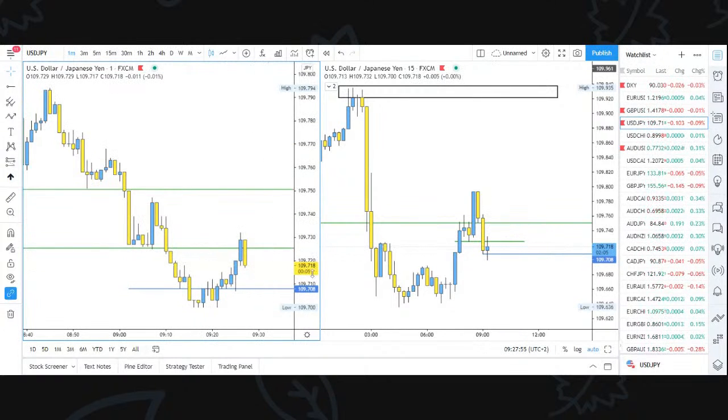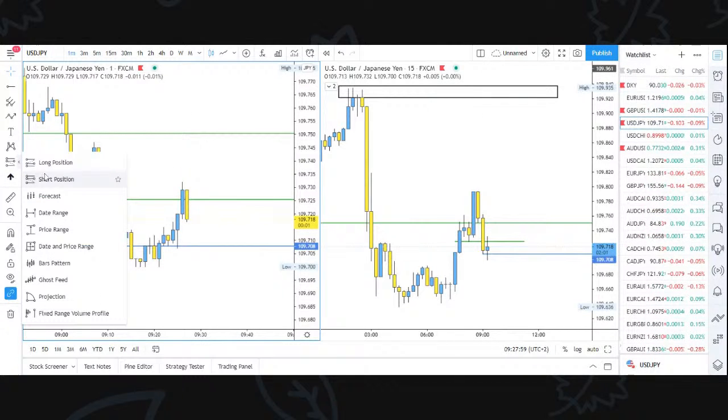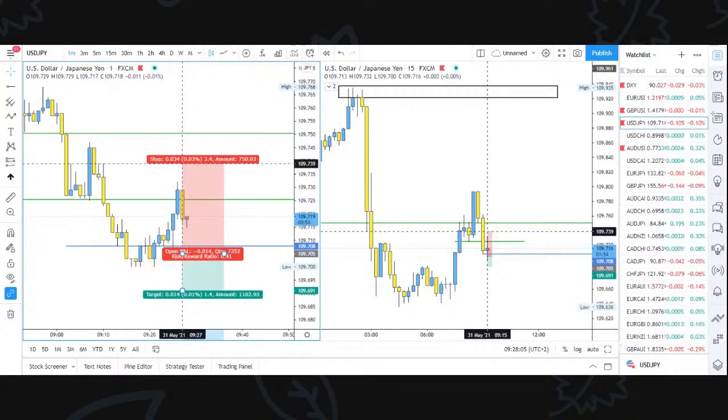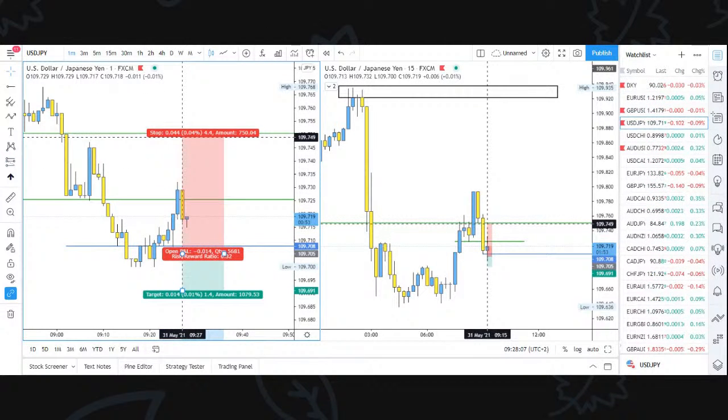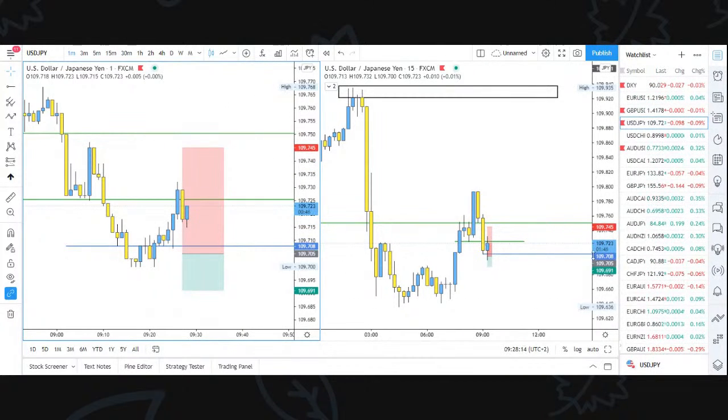Let's add this sell stop. We're going with the 4 pip stop. So I'm doing a sell stop in around 705. 4 pip stop is 745. And this is only valid for the next minute and a half, I think.